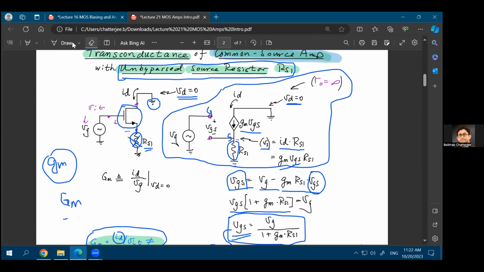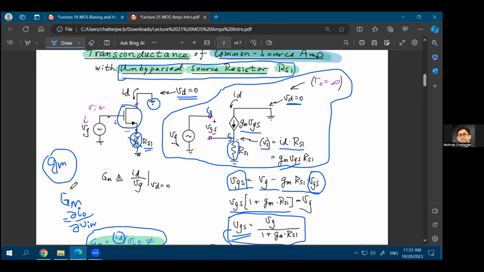Let's call it I out, because that would be the correct thing to do. So I out of the circuit divided by V in of the circuit, or basically del I out of the circuit divided by del V in of the circuit, that gives you the capital GM. That's how we'll define the capital GM.